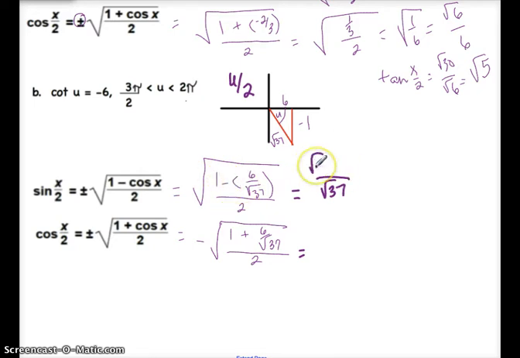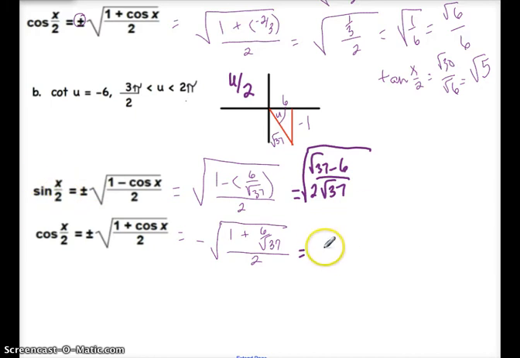So the square root of 37 minus 6, all divided by 2. And in order to divide by 2, I keep it, switch it, flip it, and multiply by 1/2. So this gives me my value for the half angle for sine. You do not need to rationalize.